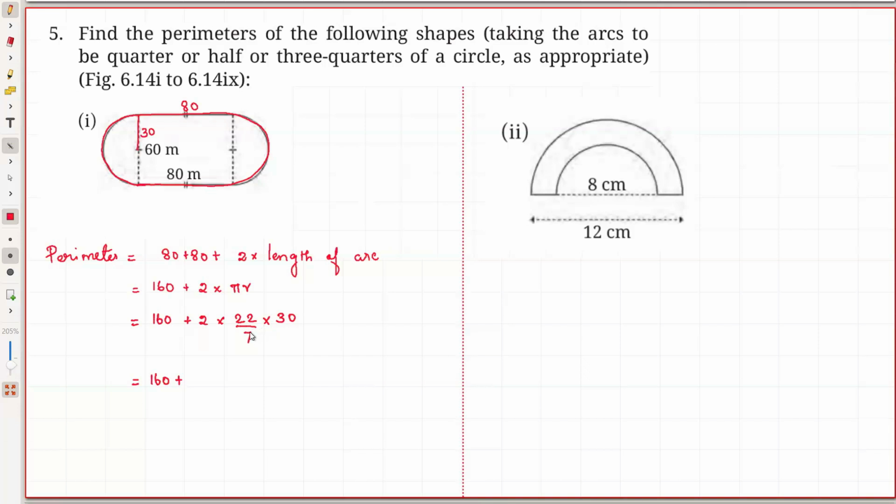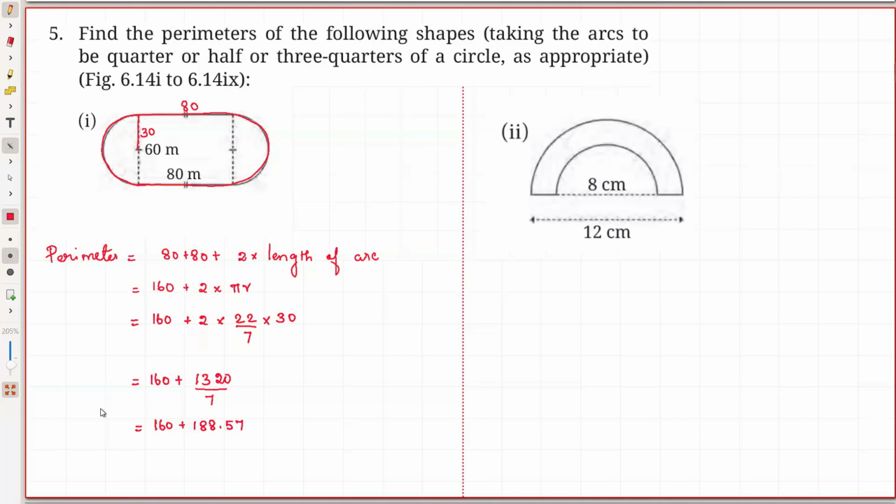So 44 into 30, you're getting 1320. So 1320 divided by 7. So 160 plus we are getting 188.57, where I'm taking 2 decimal places.